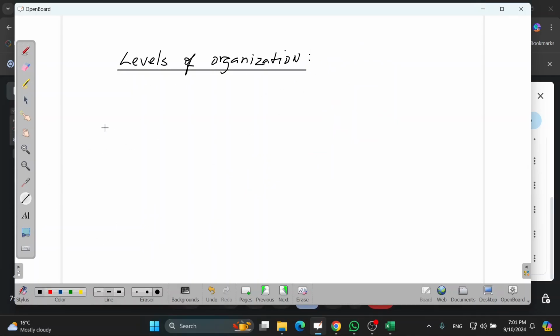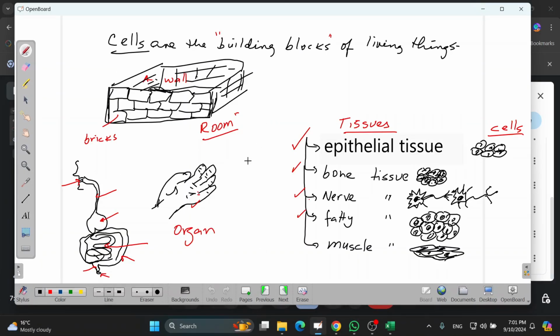Some of them are more complex, others are very simple, like bacteria, which is just one cell. There are no tissues, right? In bacteria, it's just cells. There are no tissues. There are no organs. There are no systems, right? It is just the bricks.